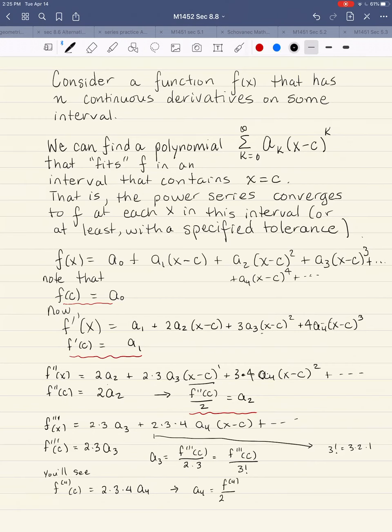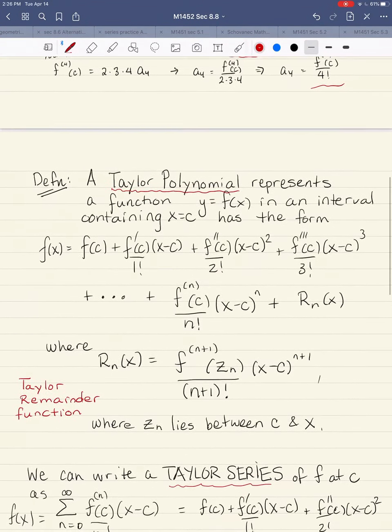So that says that a4 can be written as the fourth derivative at c divided by 2 times 3 times 4, which says that a4 is the fourth derivative at c divided by 4 factorial. So now we know what all of the coefficients look like. All of the coefficients can be written as that order derivative of f evaluated at c divided by the factorial that matches whatever derivative order we're on.